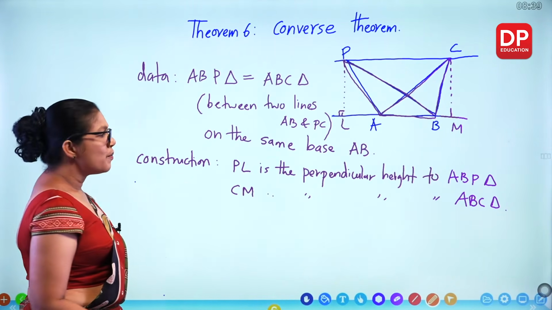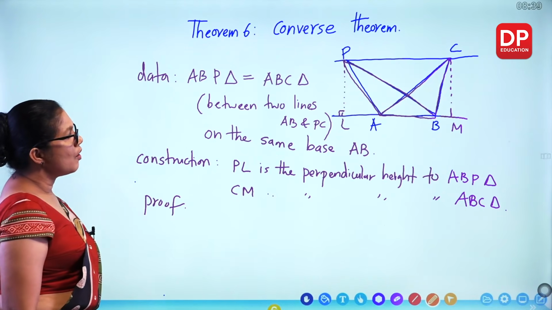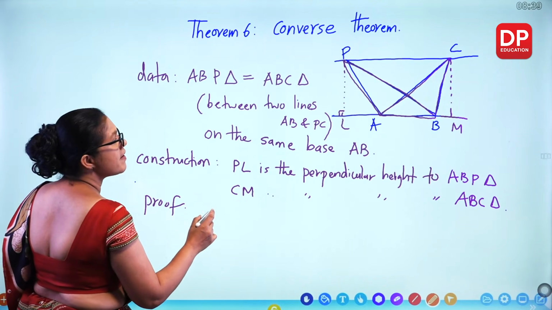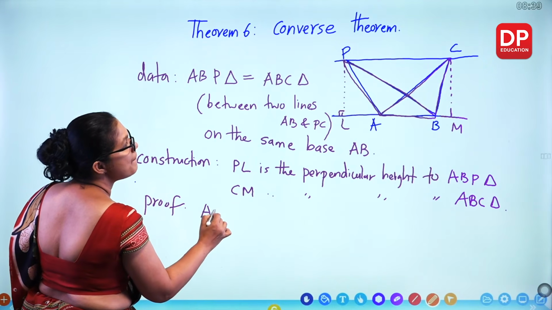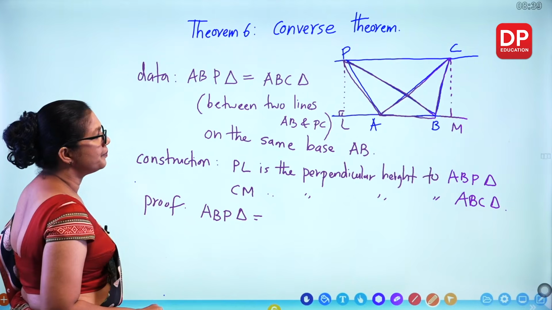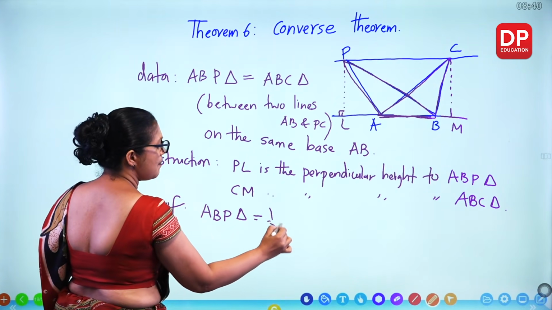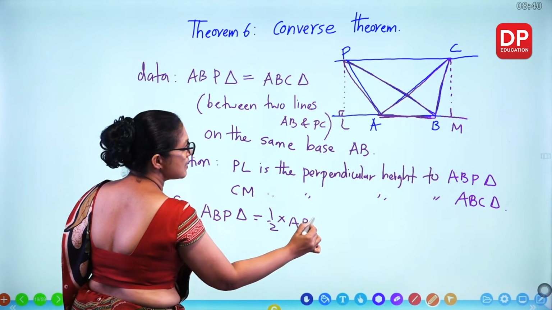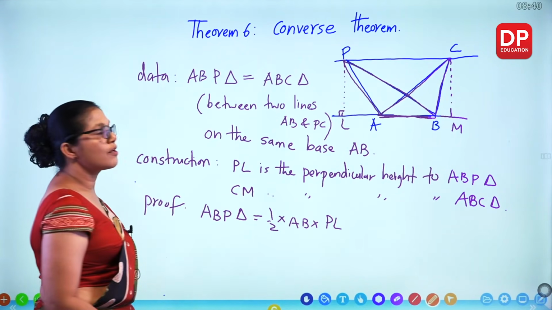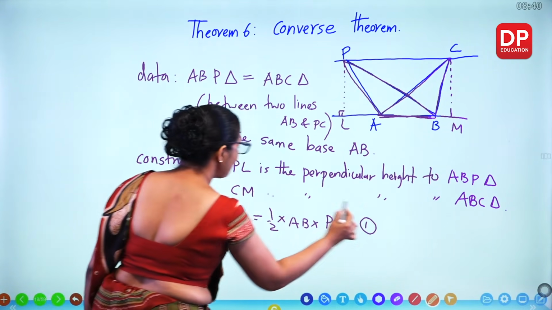Now we'll try to prove this. We know the areas are equal. We'll take the area of ABP triangle is equal to, if we take this as the base, half times base times PL. PL is the perpendicular height to that triangle. That's first one.